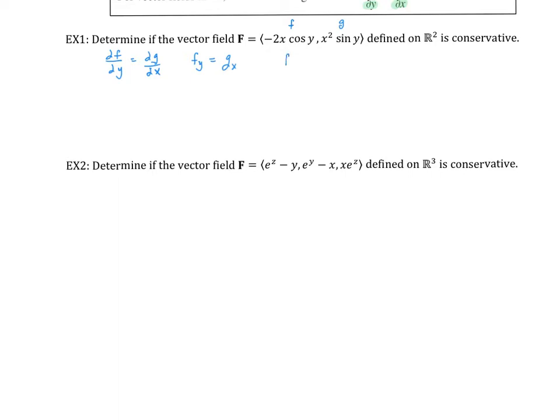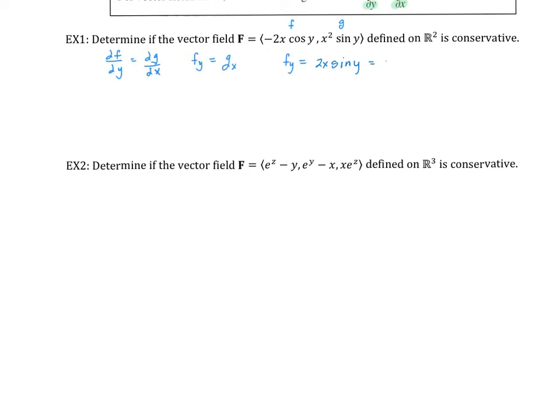So what is the partial derivative of f with respect to y? Well, if we look at f, which is negative 2x cosine y, and we take the partial derivative with respect to y, it's going to be negative 2x times negative sine y, which turns into 2x sine y. Now let's take the partial derivative of g with respect to x. That would be 2x sine y.